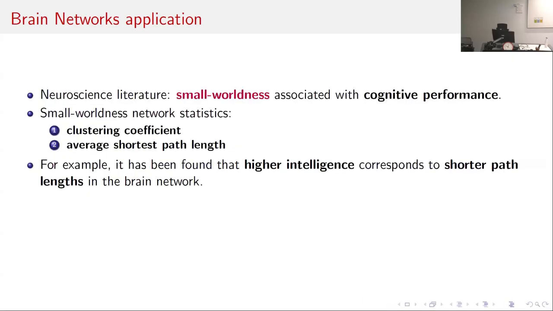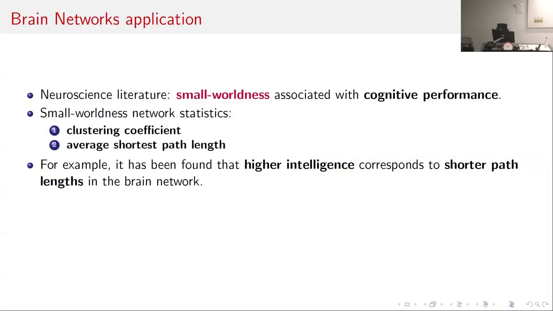And I have just one more figure to show on this network population, this clustering method. In order to see whether we have meaningful clusters for the individuals in this network population, we looked into the neuroscience literature. Specifically, it's mentioned that a small world structure is associated with cognitive performance.